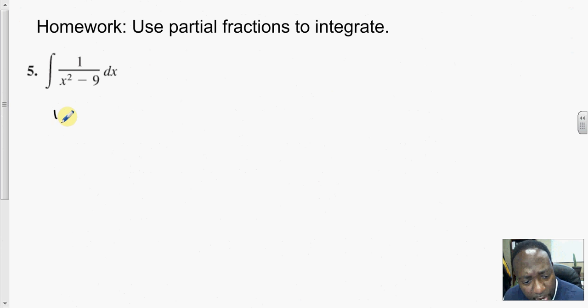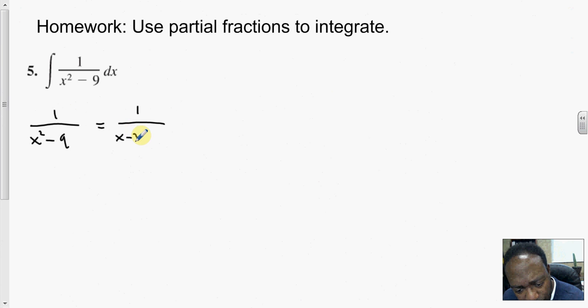Here we take the rational expression 1 over x squared minus 9, and we're going to break it down and see if we can get some factored terms, x minus 3 and x plus 3, for our denominator.